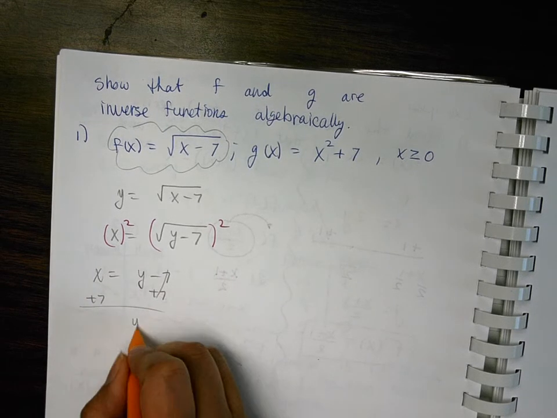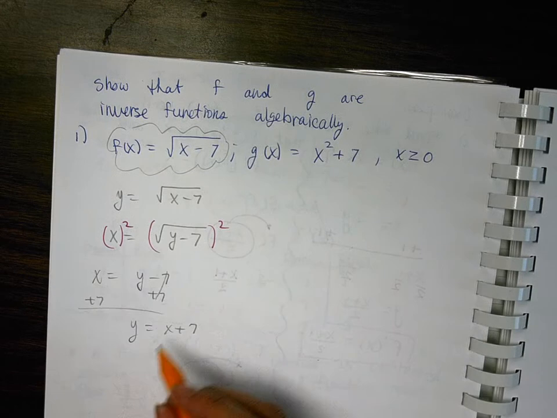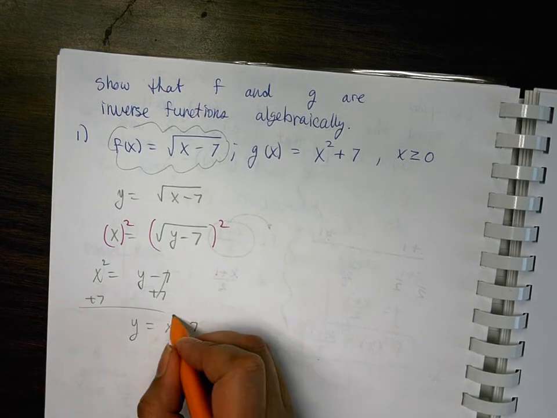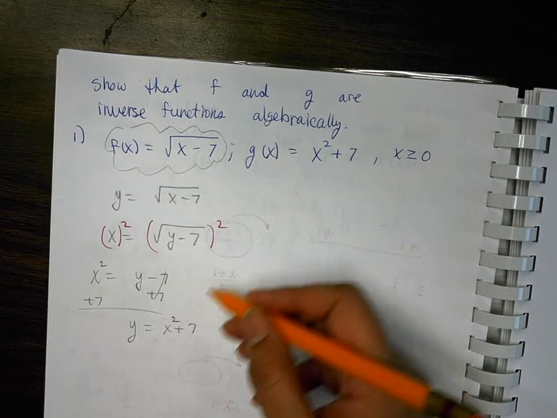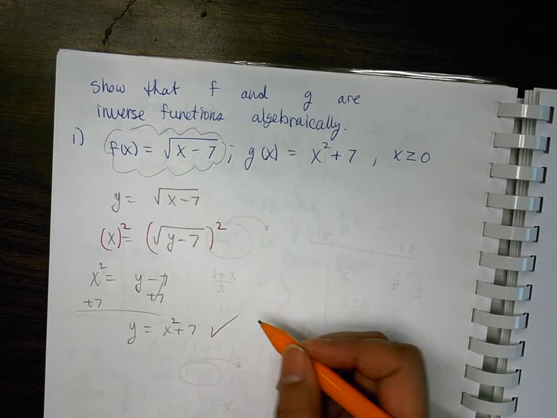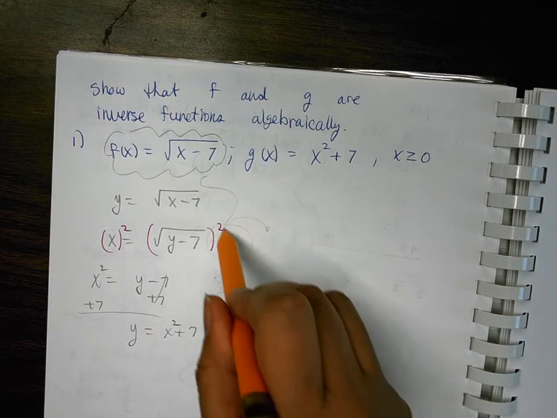Add 7. y equals x squared plus 7. Did it work? Did we verify? Did we show? Yes or no? And that's it. You don't have to do all the other stuff. Yes. Questions?